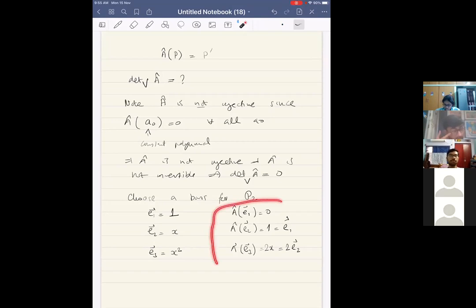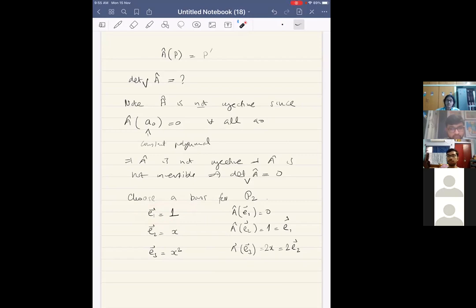Because this is important. I have taken this vector space of polynomials and chosen a basis for it, namely the first basis vector consists of the constant polynomial 1. Remember, polynomials are specific functions from real numbers to real numbers.